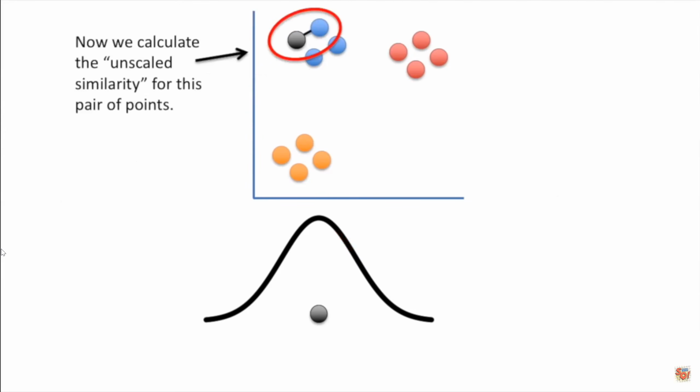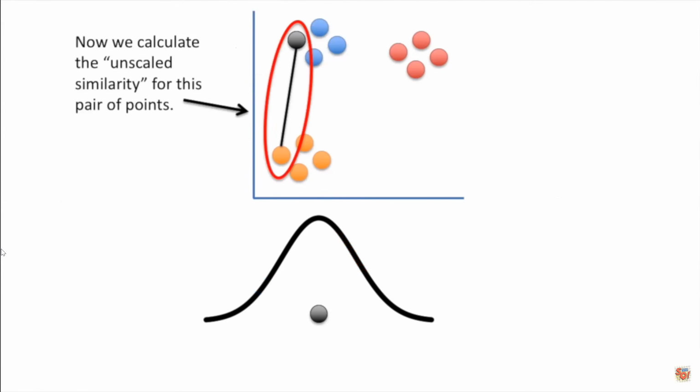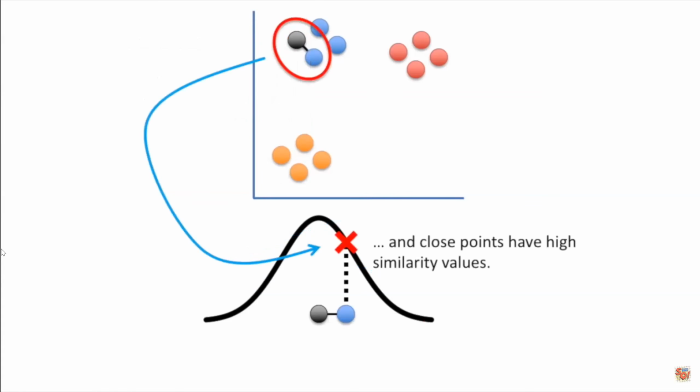Now we calculate the unscaled similarity for this pair of points. And now we calculate the unscaled similarity for this pair of points, etc., etc., etc. Using a normal distribution means that distant points have very low similarity values, and close points have high similarity values.